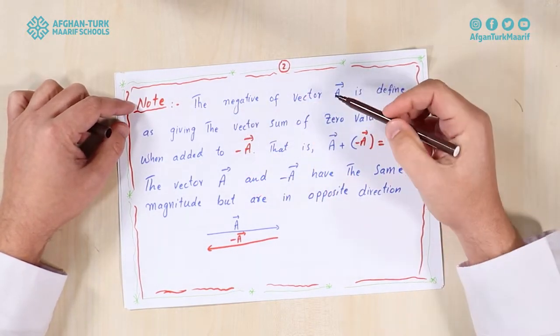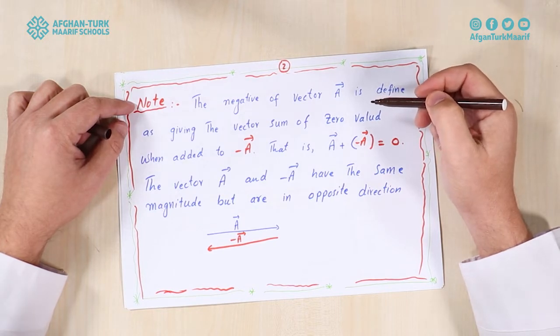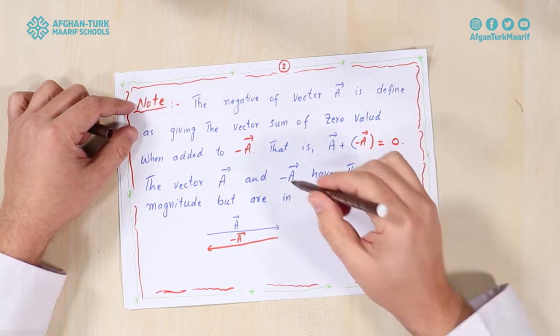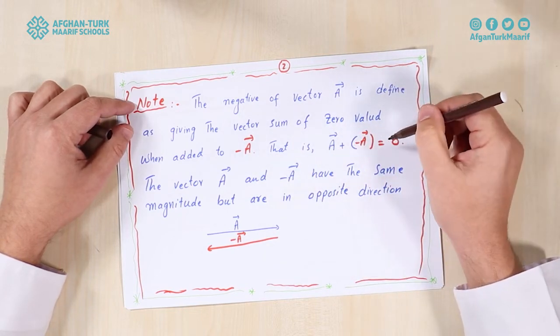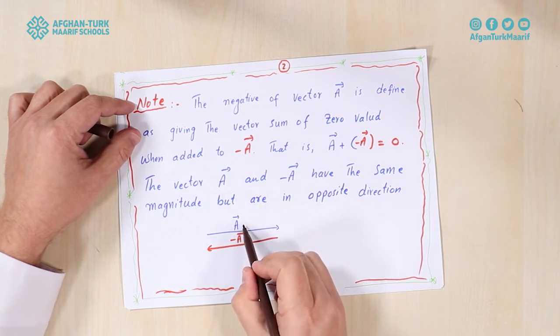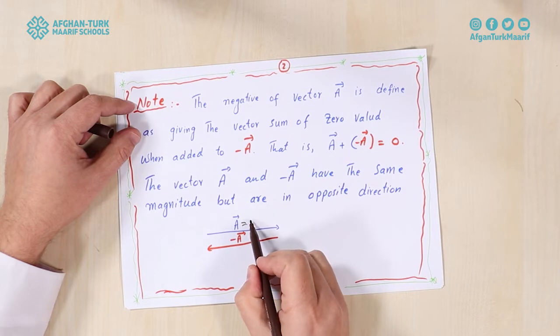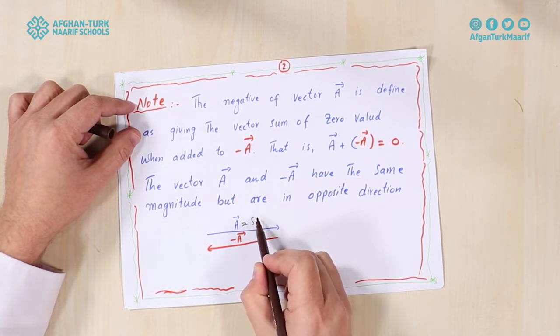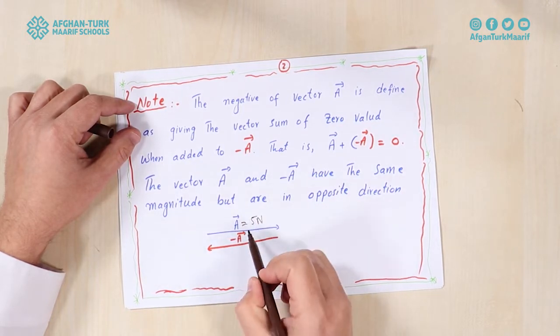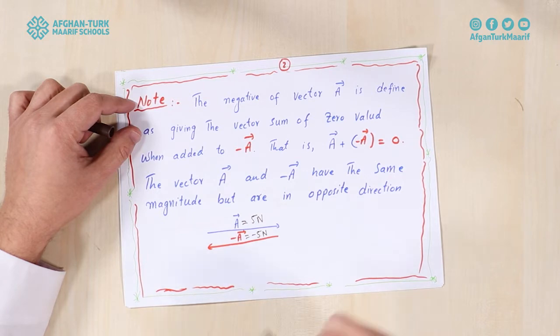Okay, for a negative vector, one thing to remember: if we add the negative of any vector, their resultant or their sum must be equal to 0. Like how? Let's suppose two vectors are given, this is the positive vector. If I give some magnitude, let's suppose 5 Newton, then this will be minus 5 Newton.